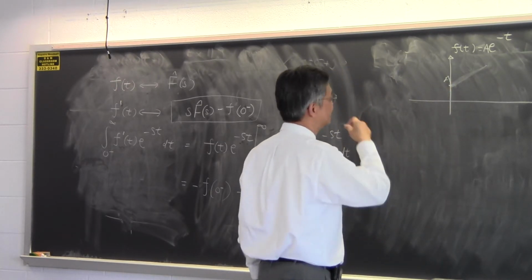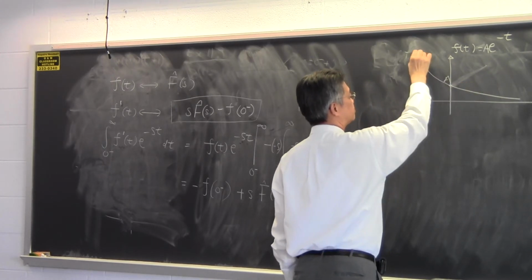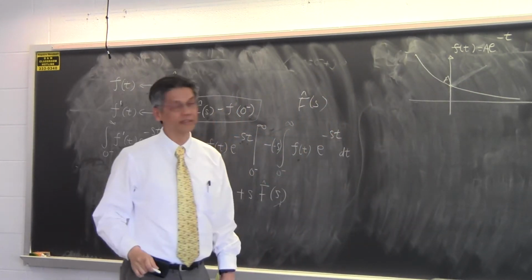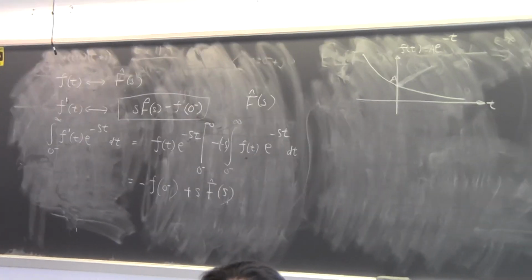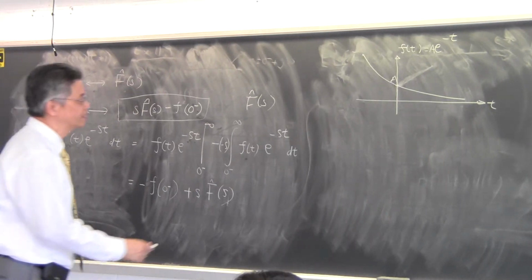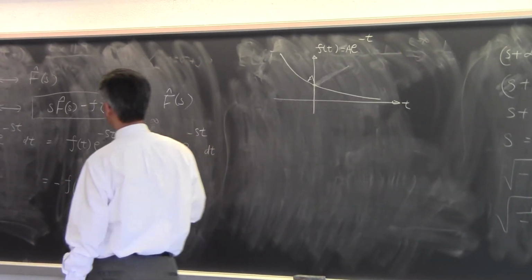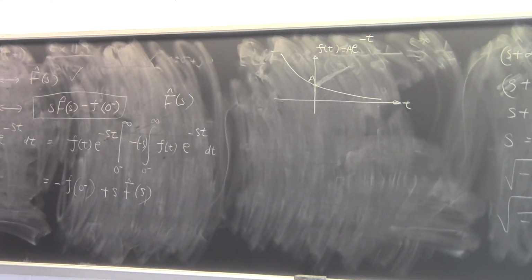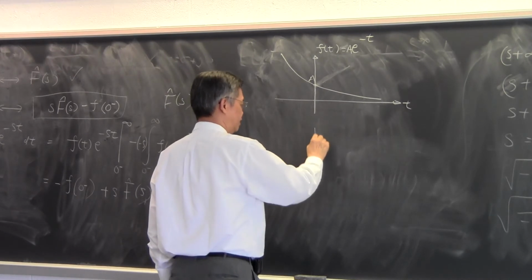Let me assume that it decays exponentially in this case, and then it grows exponentially this way. So this function is given to be that. And then when we take its Laplace transform, we actually only worry about the function over here.